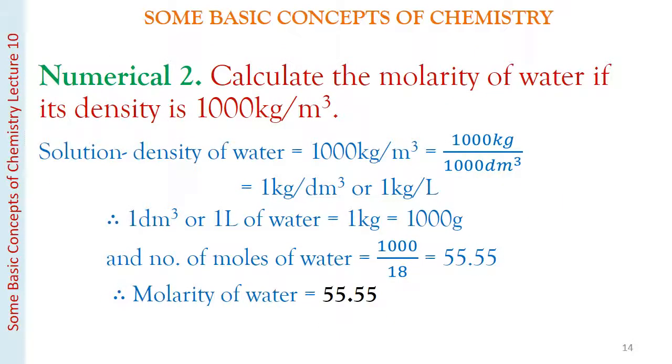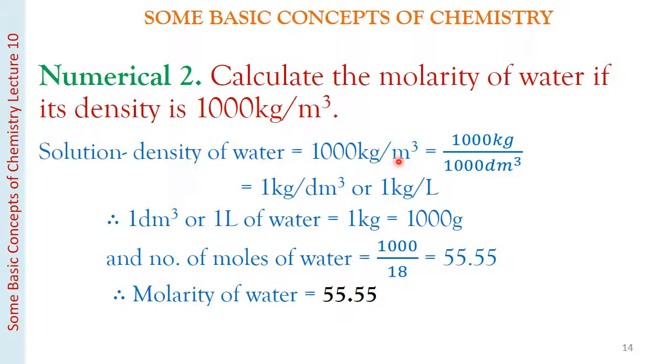Next, calculate the molarity of water if its density is 1000 kg per meter cube. Now you have to find the molarity, so you need the moles of the solute and you need the volume in liters. So we will move step by step. First of all, the density of water is 1000 kg per meter cube.